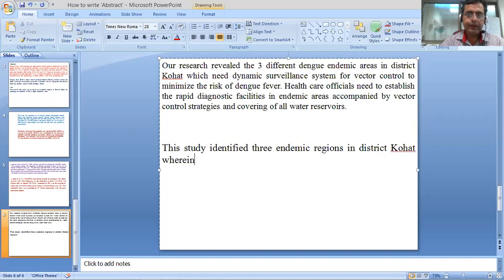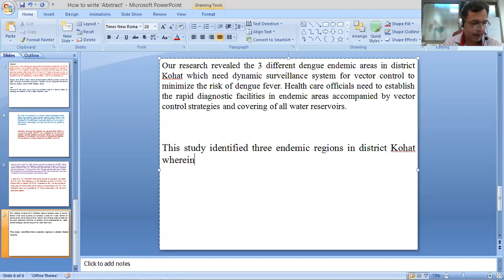wherein what was the other most significant thing, that conclusion that you can draw out of your results that I discussed in the previous slide is that you state that the monsoon season is somehow affecting the prevalence of the disease, okay, or the incidence of the disease.